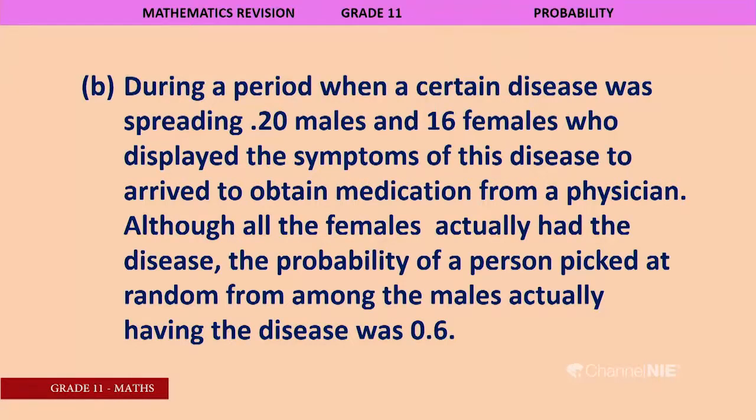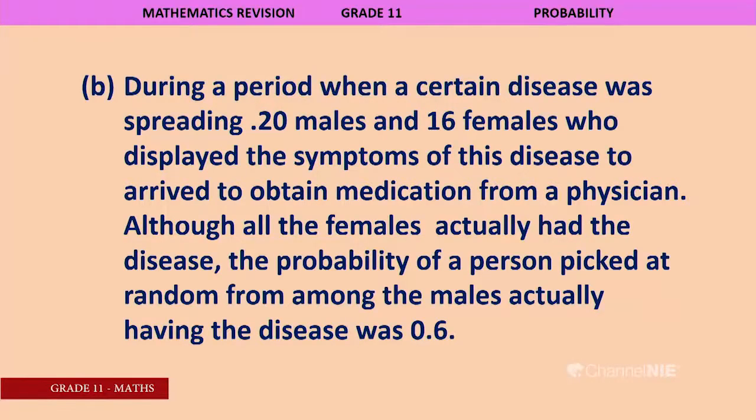Now, during a period when a certain disease was spreading, 20 males and 16 females who displayed the symptoms of this disease arrived to obtain medication from a physician. All the females actually had the disease. All the females means probability is 1.